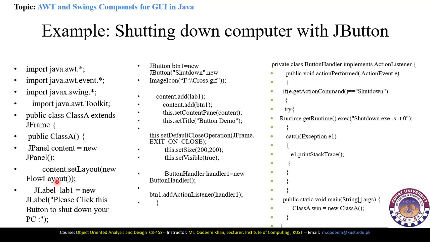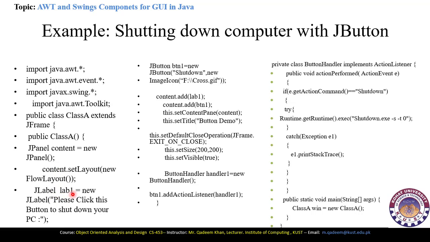So we have defined the flow layout of the JPanel, which means that the first control added to this panel will be available in the first left position, and similarly the second control added inside of the JPanel will be available in the second left position.